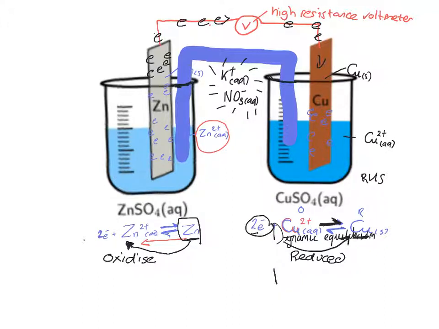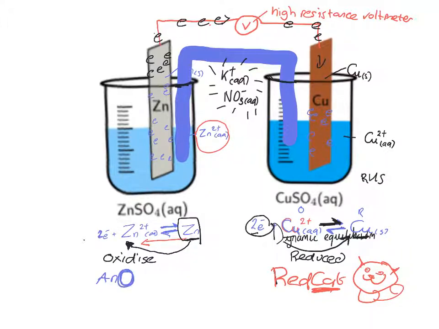So if you remember RED CAT, that reduction is taking place at the cathode. It follows, therefore, that oxidation is occurring at the anode, so the anode is where you're getting oxidation.